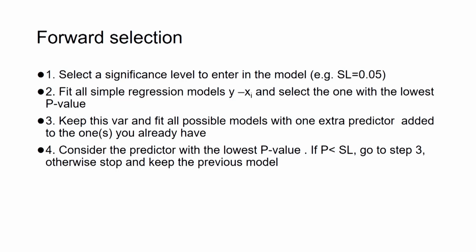There are chances that there is no linear relationship between the independent and dependent variable, y and xi. So, we are saying that we will fit all simple regression models, it may be linear or non-linear, and then select the one with the lowest p value. You will consider only that variable in your model that has the lowest p value, then keep this variable and fit all possible models with one extra predictor.